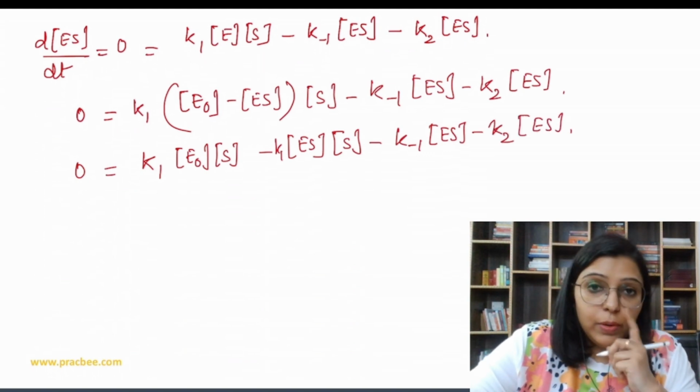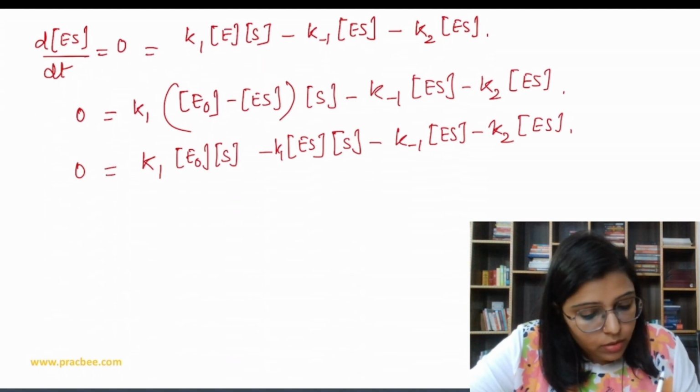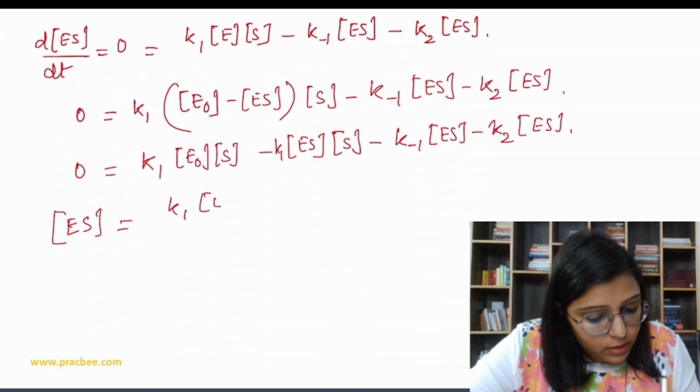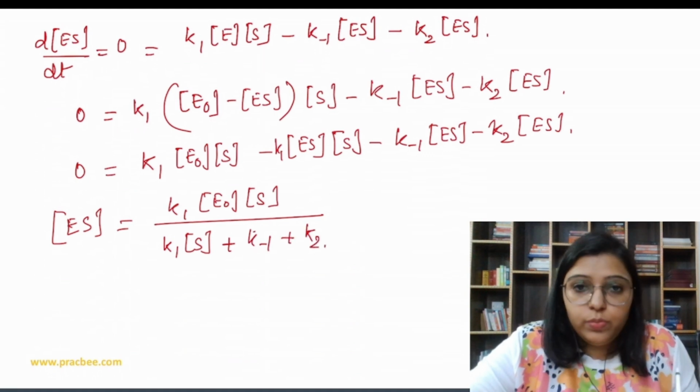Okay, so what can we write? We can write ES concentration is equal to K1 E naught S upon K1 S plus K minus 1 plus K2.